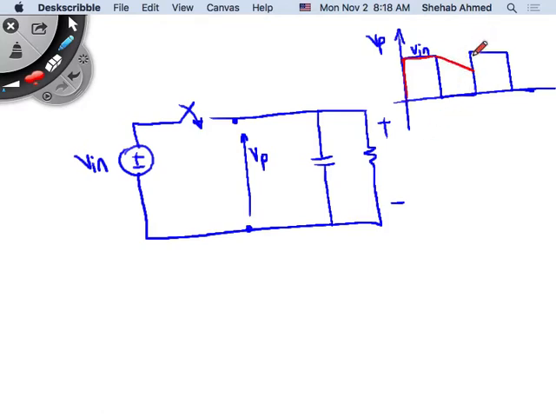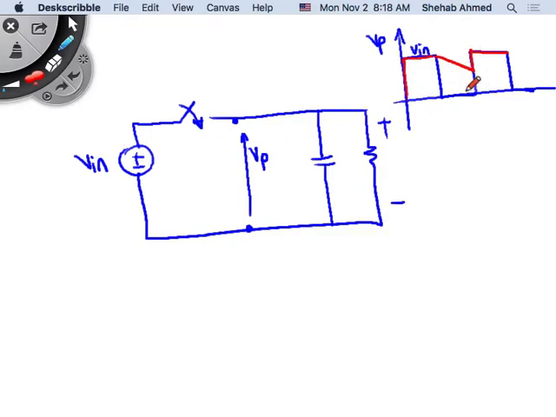Correct? Do we agree? This is what would have happened if I just have a capacitor. Of course, I've sized the capacitor properly so that this does not decay all the way down to 0 by the time the next pulse comes through. Right? If the capacitance is too small, this can go this way and then be 0 and then go back up again. Correct? So I've sized it properly so that this is not the case.